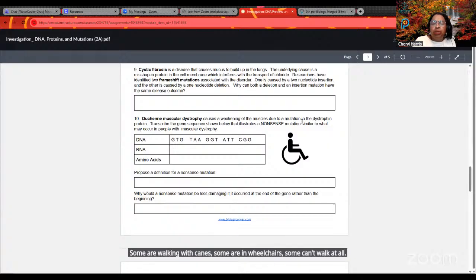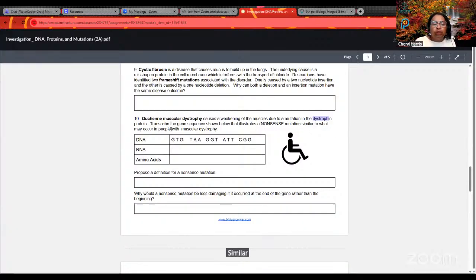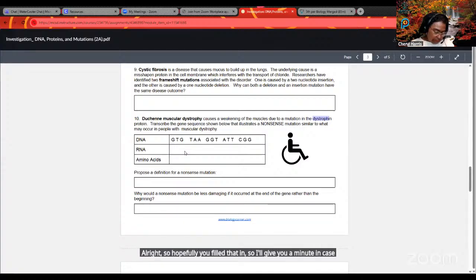It's a mutation in the dystrophin protein. The transcribed gene sequence shown below illustrates a nonsense mutation, similar to what occurs in people with muscular dystrophy. Hopefully you filled that in, so I'll give you a minute in case you haven't.